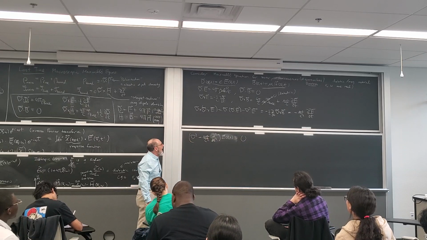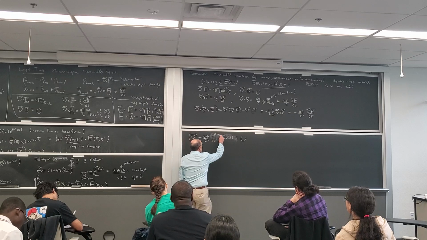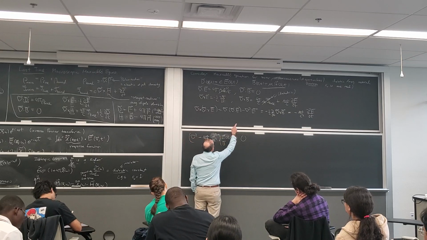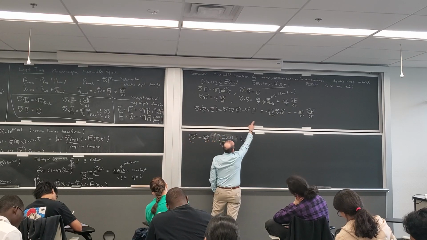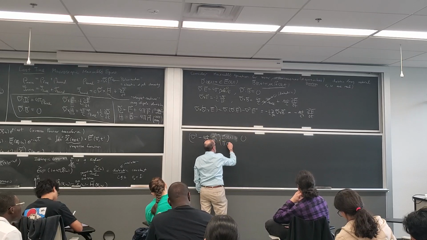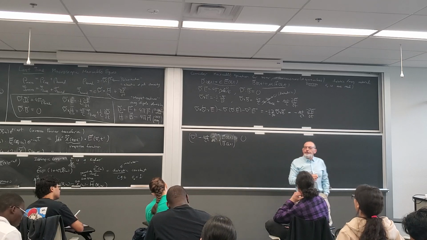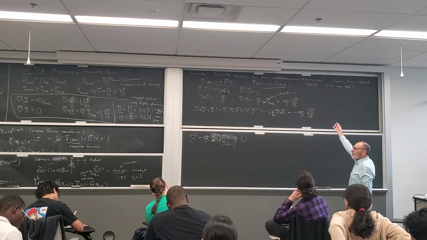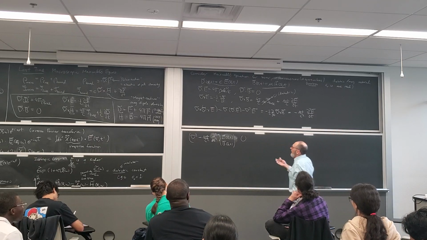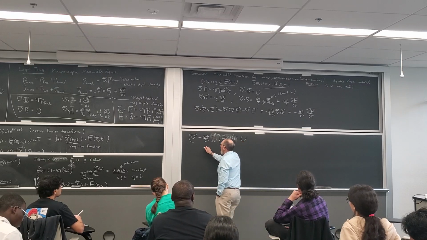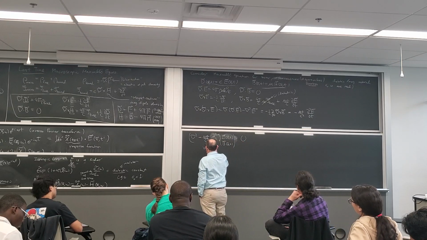It's also true for B. If we do the curl of the Ampere law, we get the same equation. So in this kind of material, the electromagnetic field satisfies the wave equation.